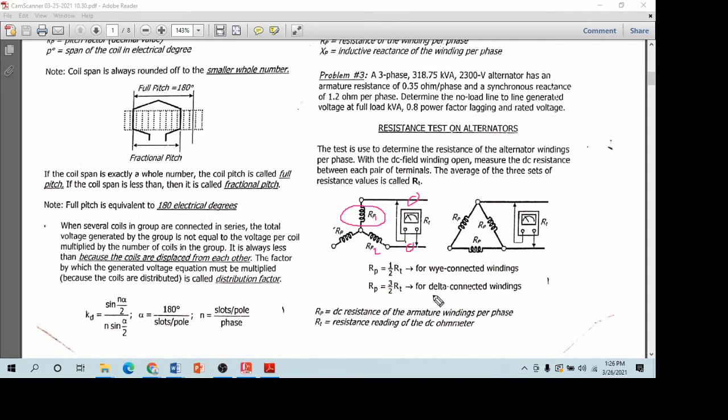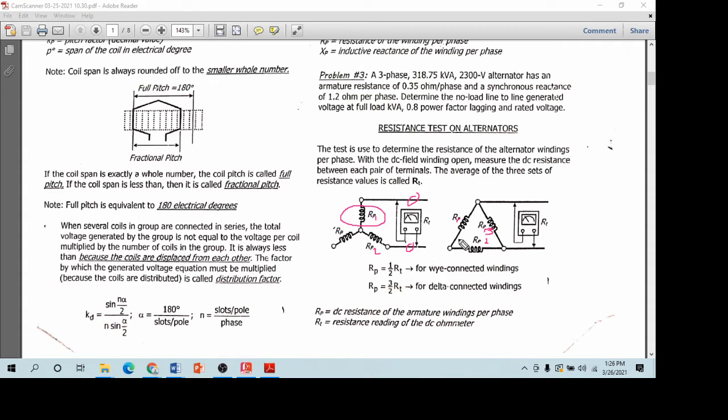Now let's proceed to the other winding configuration, which is the delta-connected windings. In this diagram, we have RP1, RP2 and RP3.